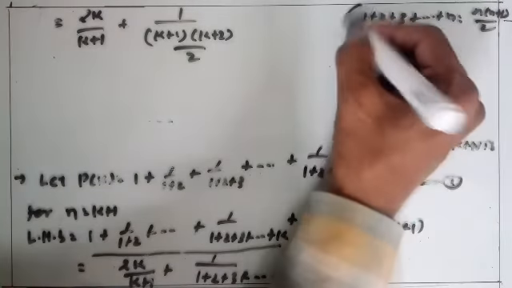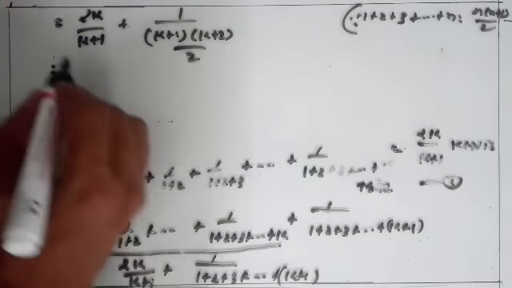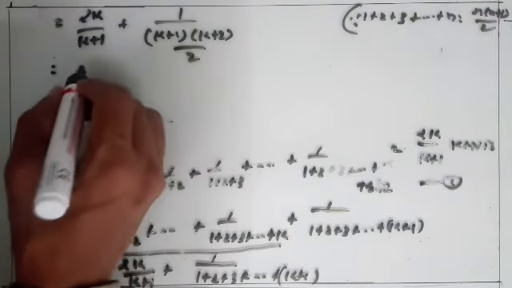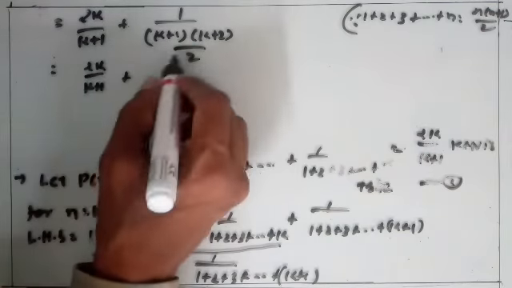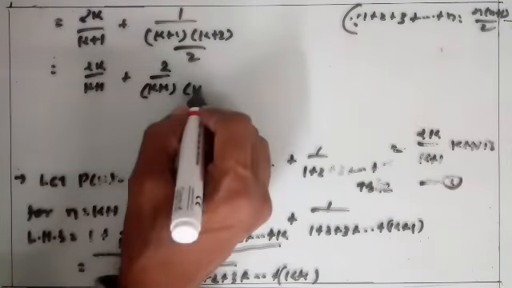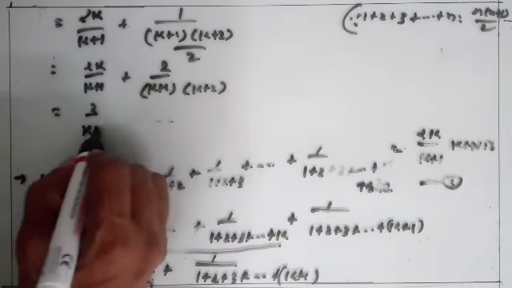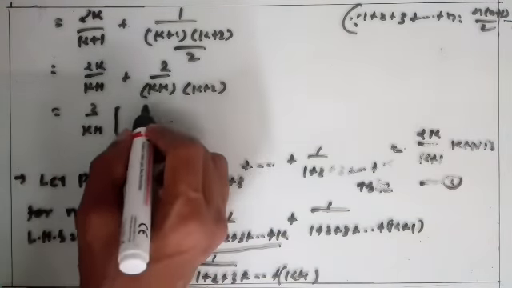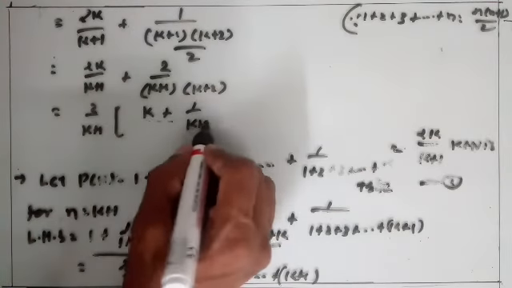You know this result. Using this result we write the sum of k plus 1 terms. So is equal to, now simplification, 2k upon k plus 1 plus 2 upon k plus 1 into k plus 2. Now 2 upon k plus 1 take common. So in the bracket remaining terms k plus 1 upon k plus 2.